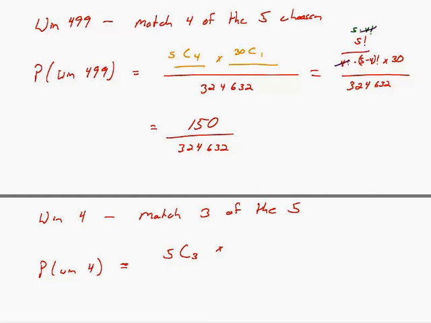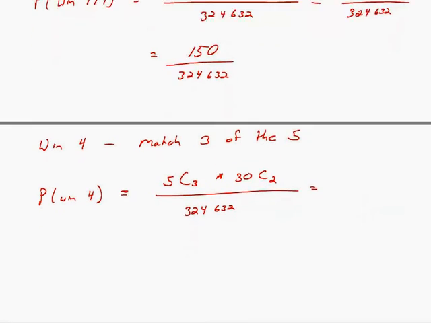And then 2 of them must not have matched those 5, so I have to figure out how many ways I can choose 2 from the 30. The denominator is still 5 choosing out of 35, and we saw that was 324,632. So I need to simplify these two combinations.